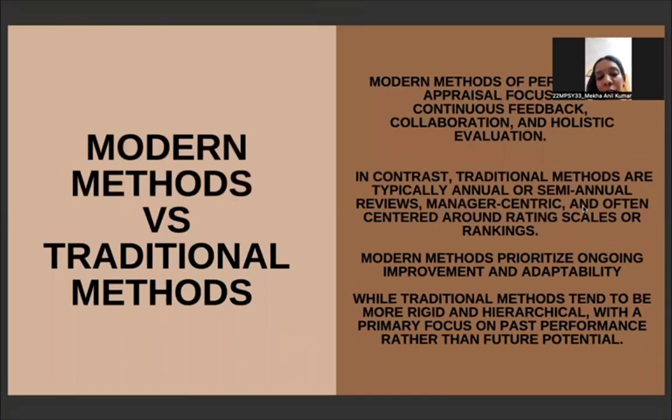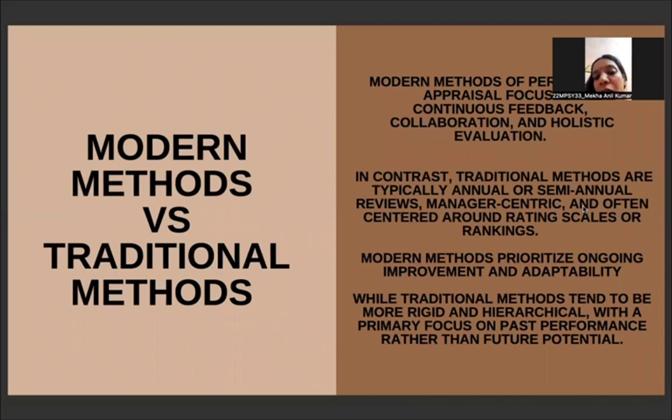Now, the difference between modern methods versus traditional methods, and why I've been explaining this, is because we need to know how much it has developed, how much area it's covering, and the pros when compared to the traditional methods, and why this change is very important.